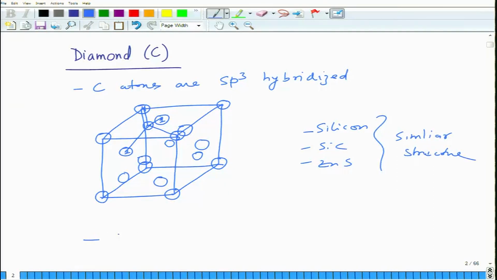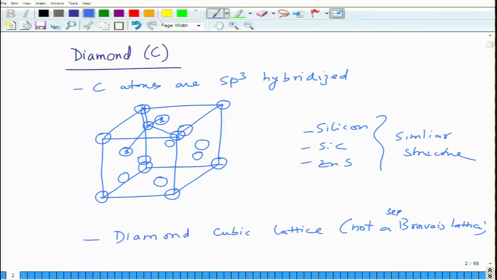So, you can say the structure is diamond cubic lattice, not a Bravais lattice, very important to remember, not a separate Bravais lattice. So, basically the Bravais lattice is FCC with motif at 0 0 0 and 1/4 1/4 1/4.